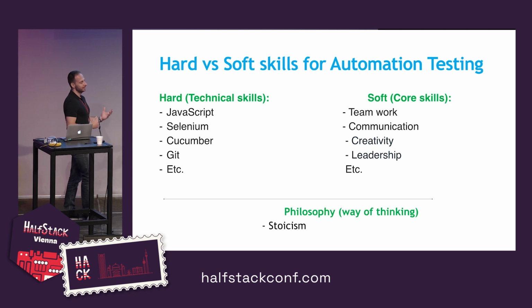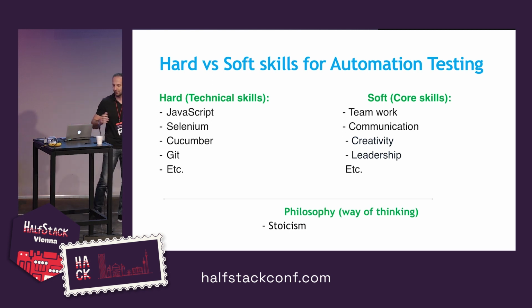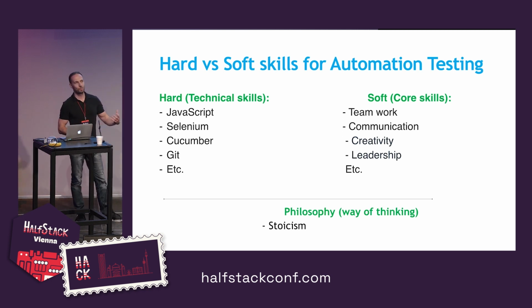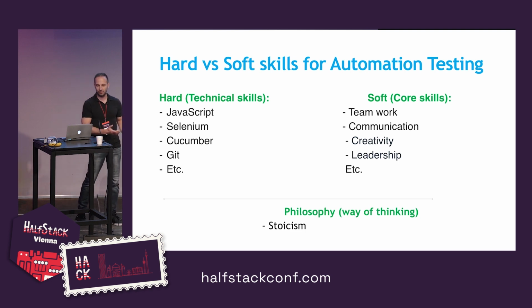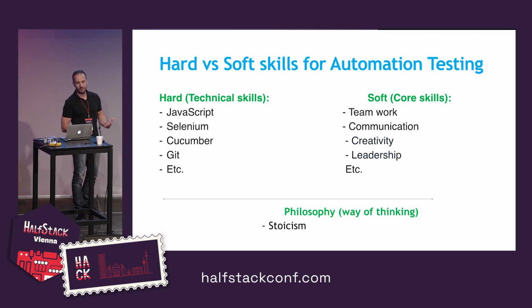Okay, so how can we connect this philosophy with IT? On one hand, as testers and developers, we should be good at hard skills, like a programming language, JavaScript, Java, some tool for UI testing, Selenium, Cypress, Playwright, maybe some BDD tool like Cucumber. We should be good at Git or Jenkins, continuous integration, and so on.